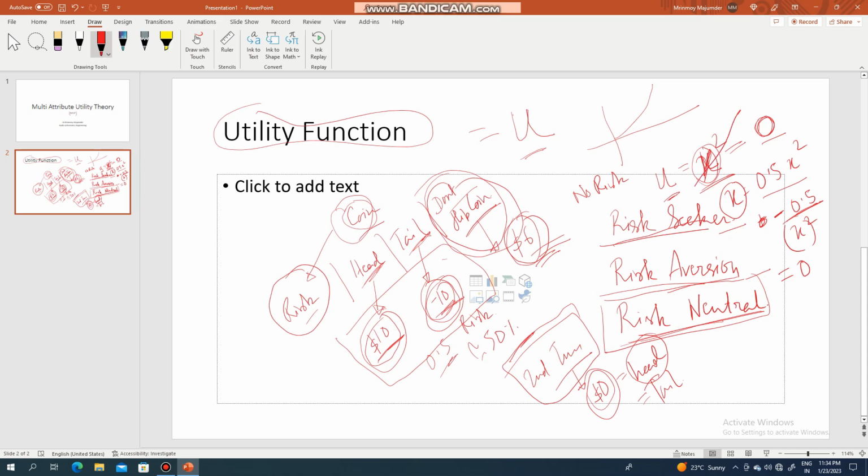Here x is equal to $10. In case of risk aversion, the same utility function becomes U equals root x. That means you are averting the risk.